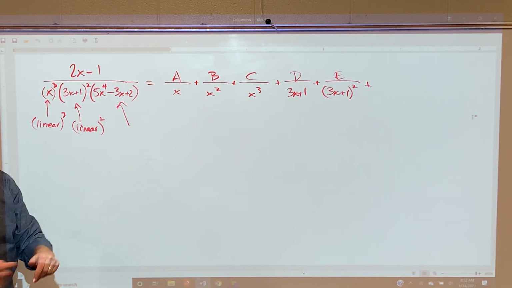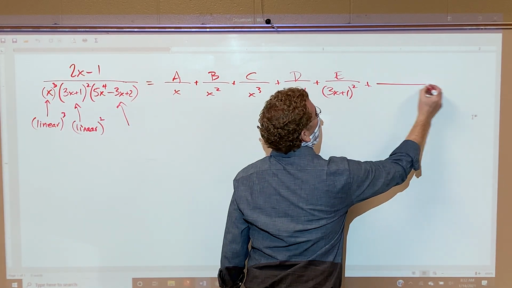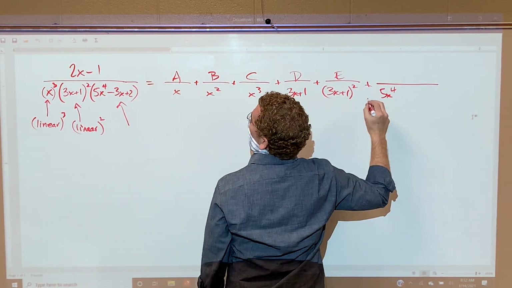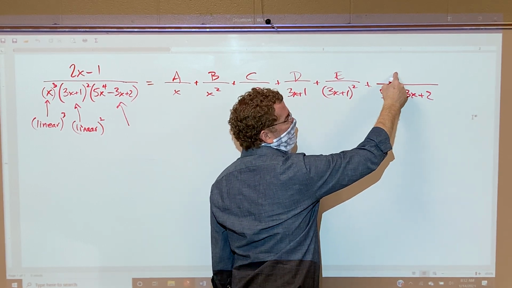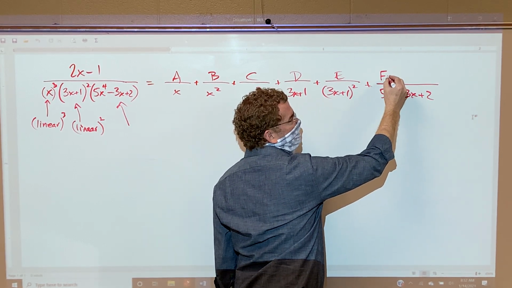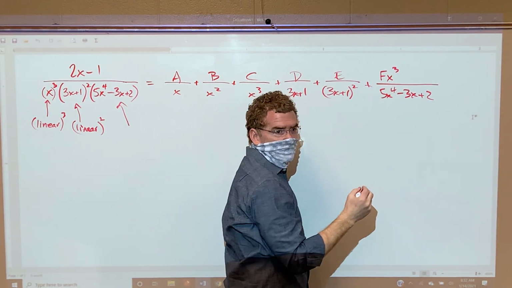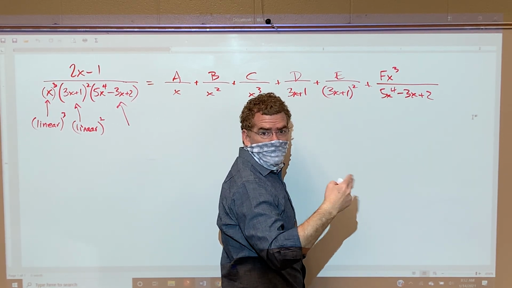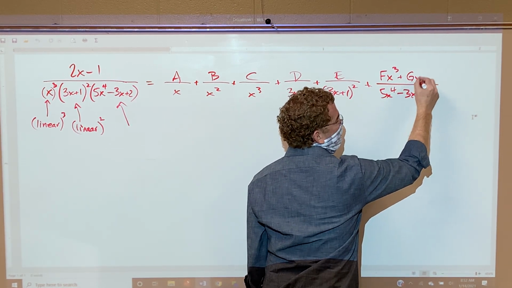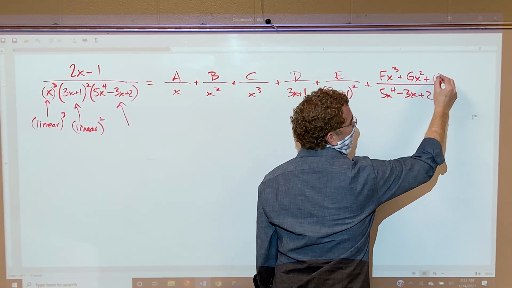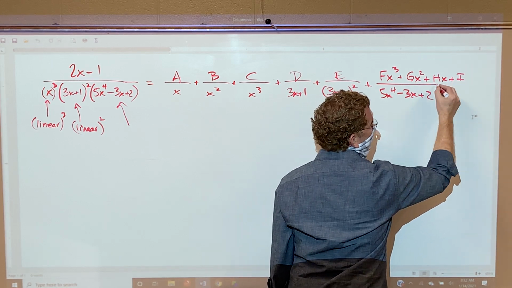Cubic. So I'm going to write 5x to the fourth here, minus 3x plus 2, but what would have to go here? Fx cubed plus gx squared plus hx plus I.